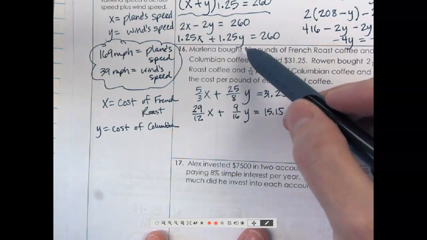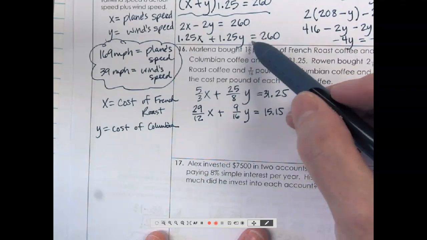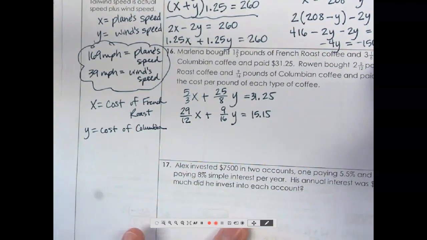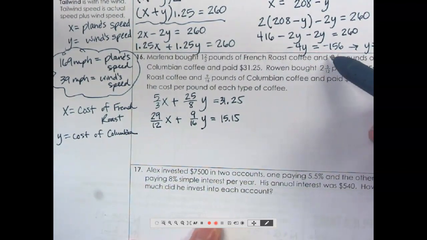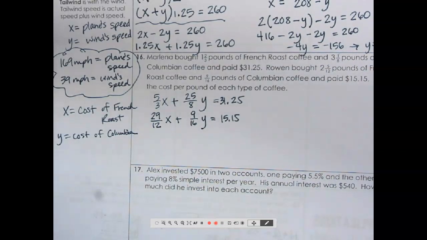You take 1 times 3 is 3, add 2 is 5/3. So this one right here, 3 times 8 is 24, plus 1 is 25, so 25 over 8. Okay, any other questions so far?